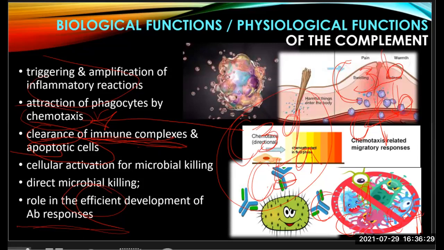Moreover, after killing, it will lead to lysis. Microbial killing is secondary to lysis. So lysis of mammalian and bacterial cells is done by the MAC, or membrane attack complex, from C5b through 9.